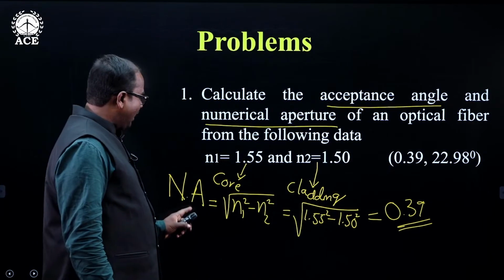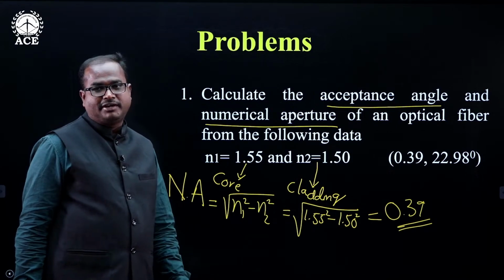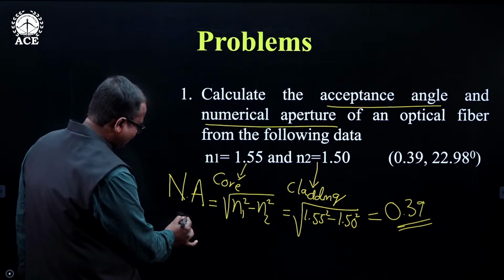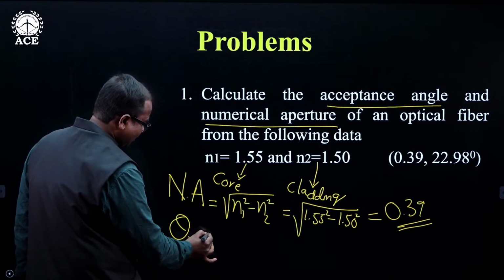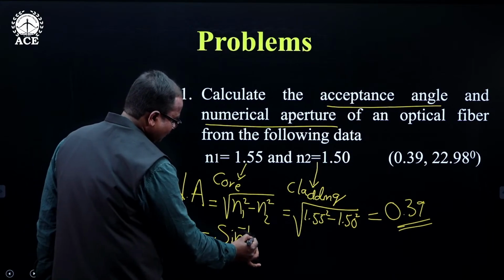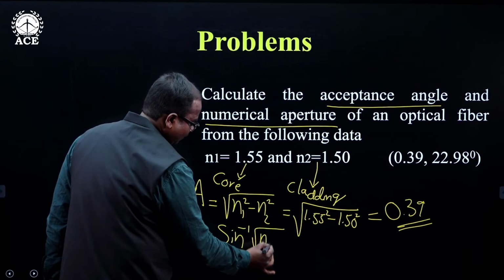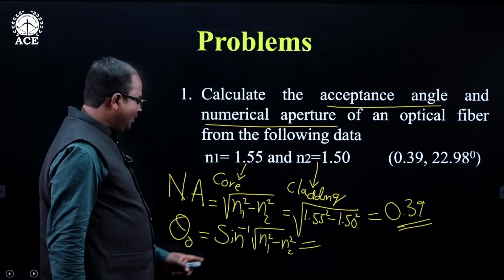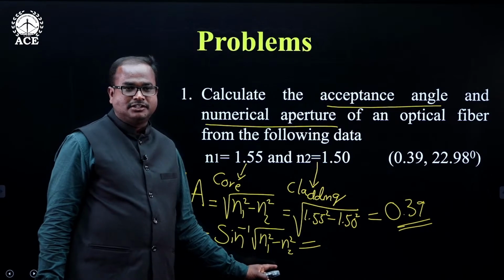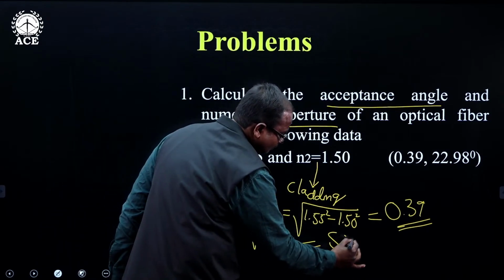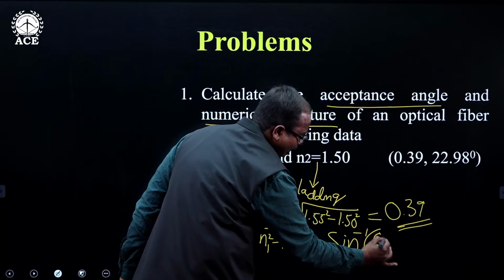Okay, when you have the numerical aperture, you can easily find the acceptance angle. How to find this acceptance angle? Already you know the expression, theta naught is equal to sine inverse of under root of n1 square minus n2 square. But already you know the value of root n1 square minus n2 square, that is sine inverse of 0.39.